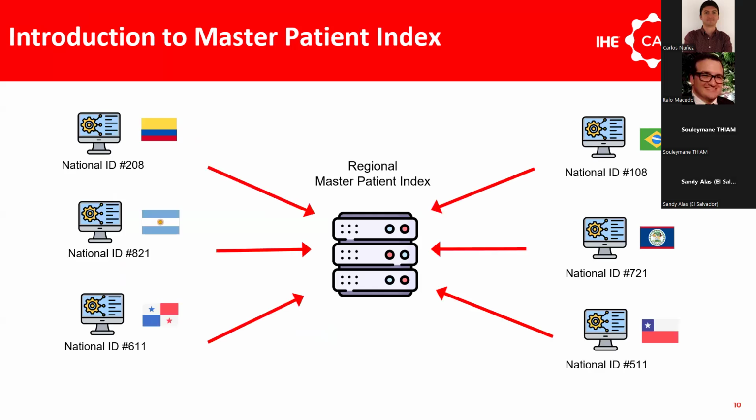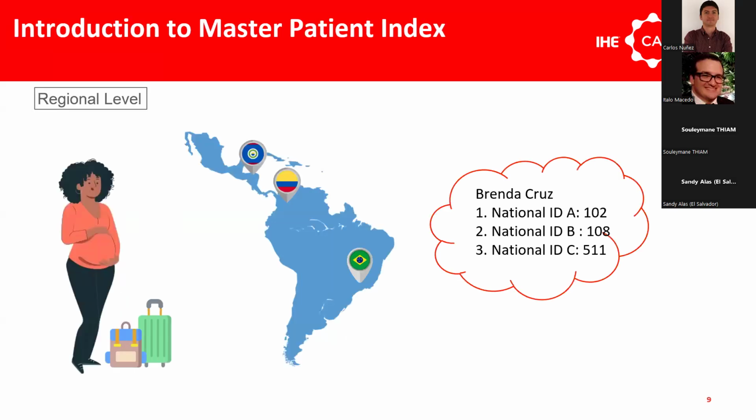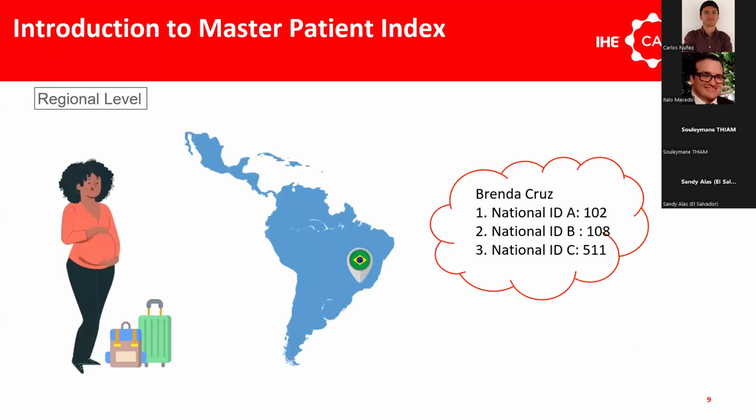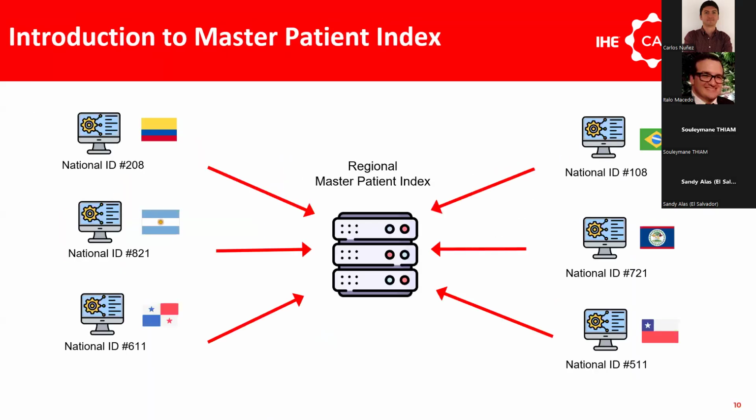That national ID will be created or shared in the regional master index. And also we can provide a LAC regional ID, one ID for Brenda in the LAC region. So what I explained here is the national level, and here we can have the regional level.